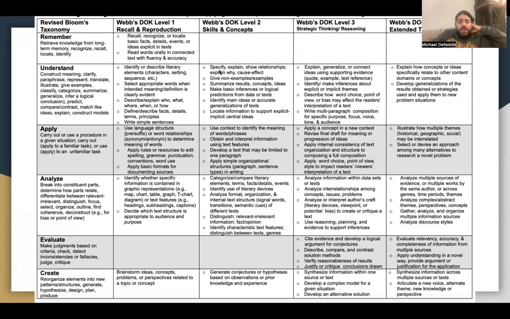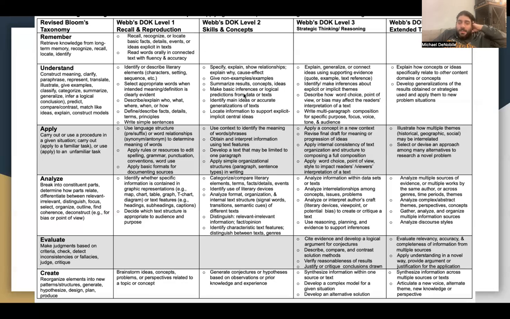When we get to level 2, let's see. Summarize the results, concepts, and ideas. Okay, summary is definitely higher than a simple recall of understanding. But summary is an understanding question. If you can summarize something, you're demonstrating that you understood what it meant.